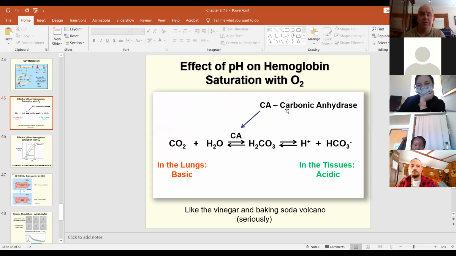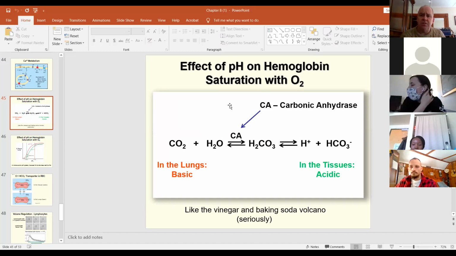People have been trying to make an artificial blood since the 70s or 60s or something. They still don't have anything good. Wouldn't it be great to have a non-biodegradable blood substitute? You're in a war situation, some guy's bleeding out. All you got to do is pull it out of your pack and put it in his body, because you don't have to store it at cold temperatures. Well, we don't have one because hemoglobin's so good at what it does.